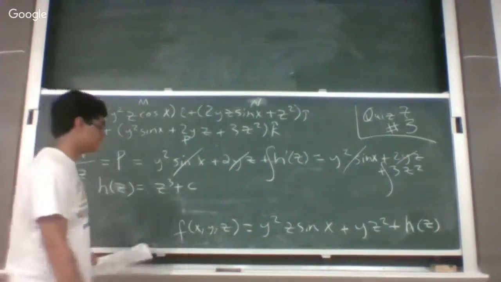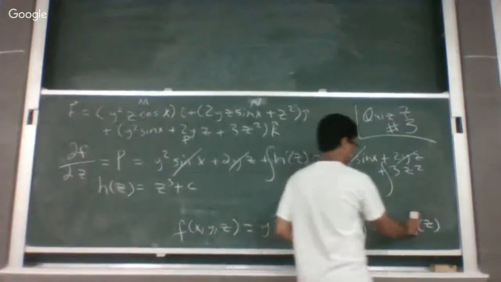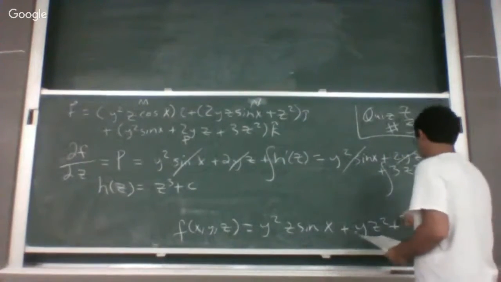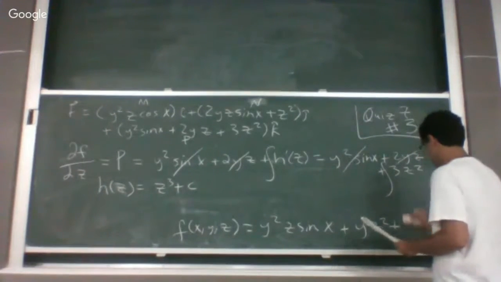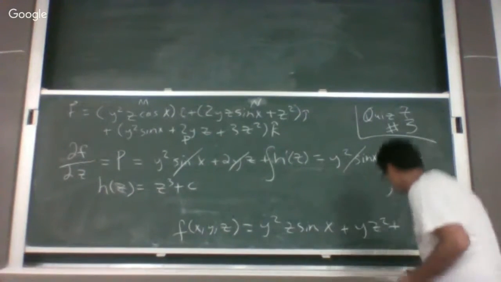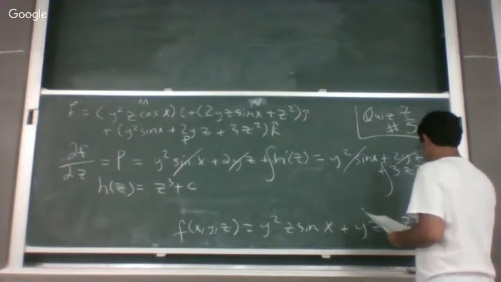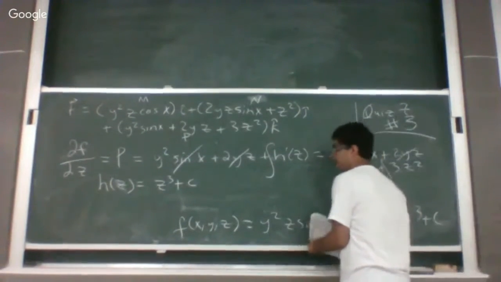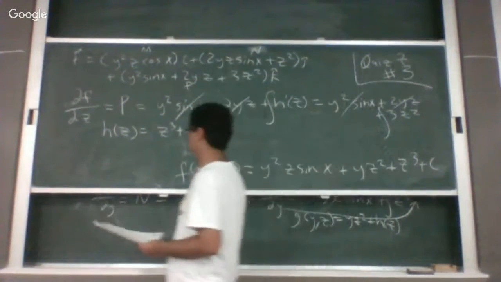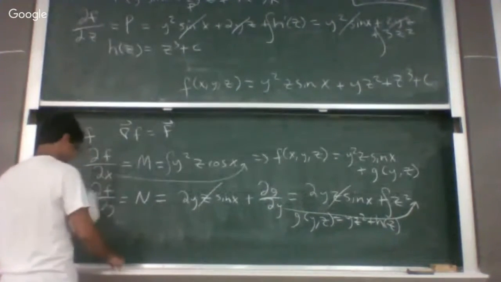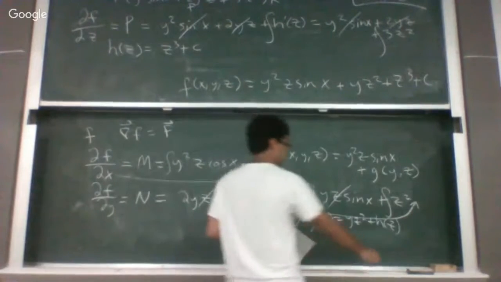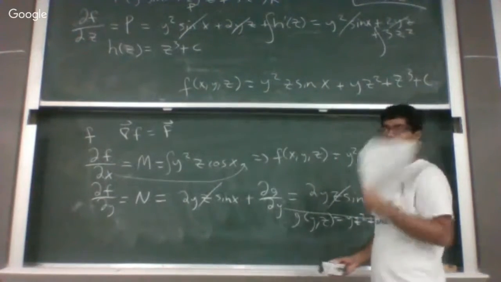So then at the end, this is equal to all of that plus z cubed plus c. So this is your answer for the function. Any questions on that?